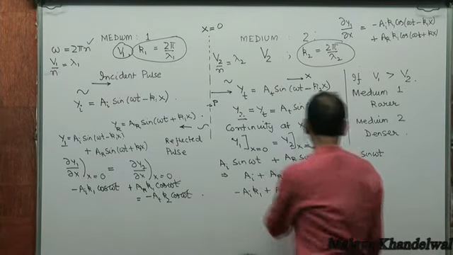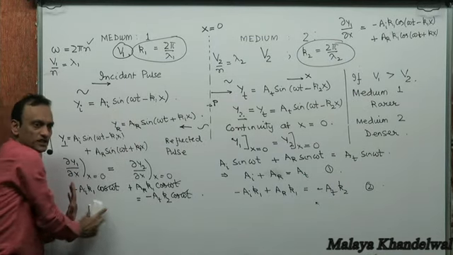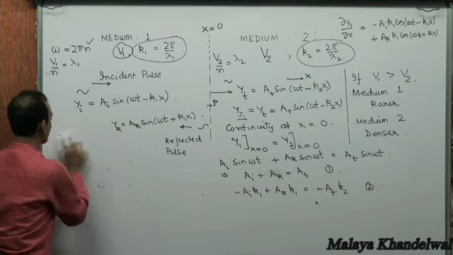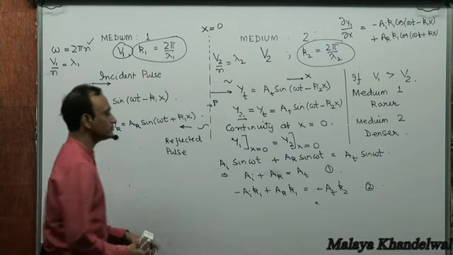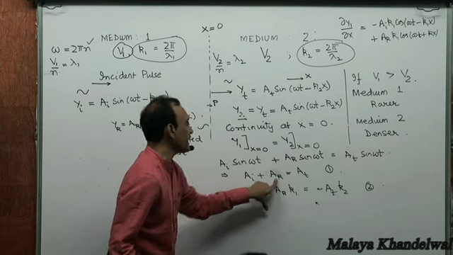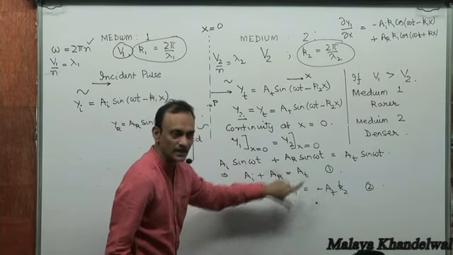I can solve for Ar and At. Let's do that. So this At I can write as Ai plus Ar, to eliminate At in this equation.